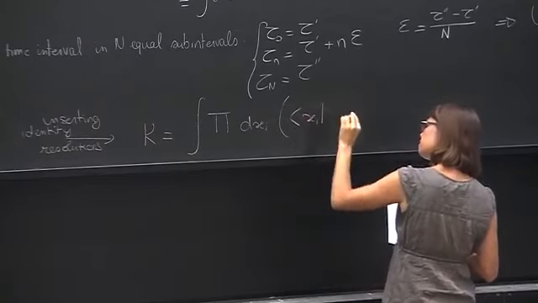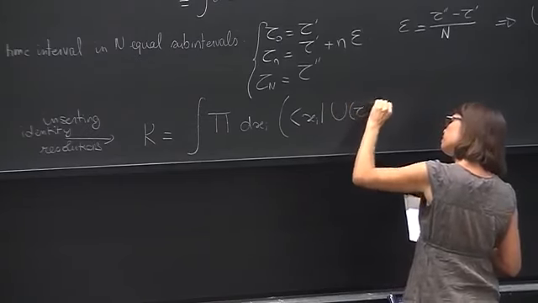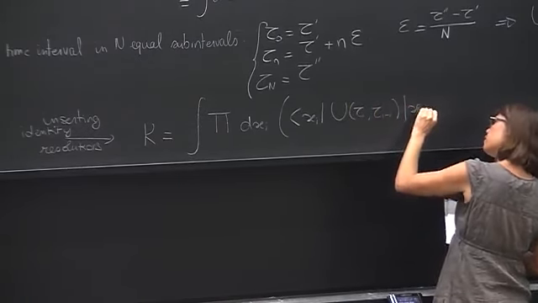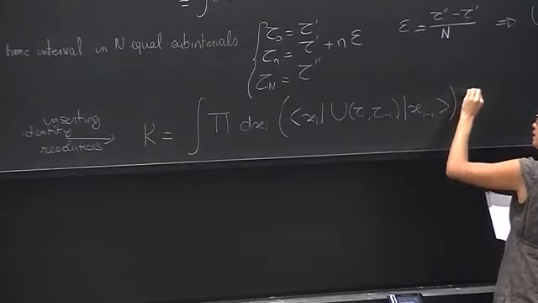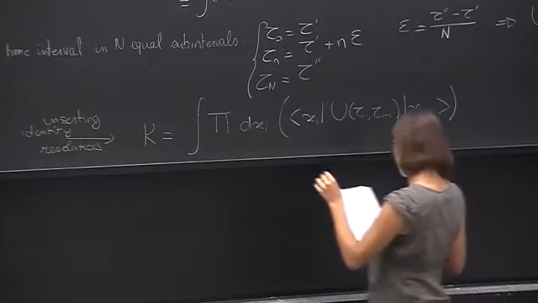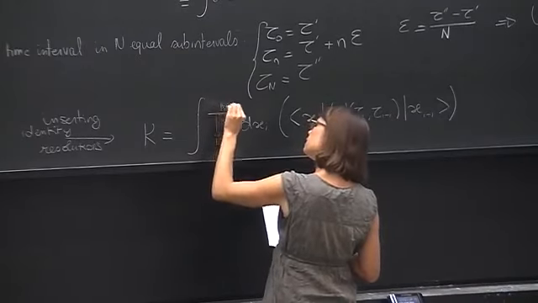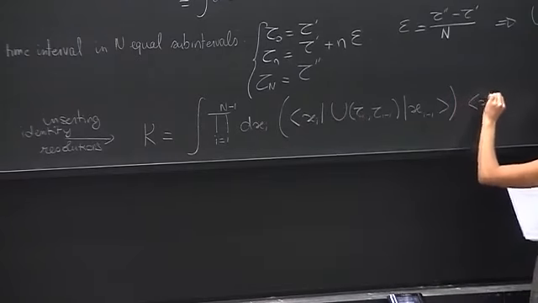And xi minus 1, and then I'm going to start at i equal to 1 to n minus 1. So then I need to add the last one, which is x double prime.